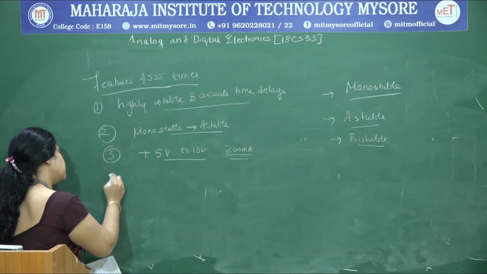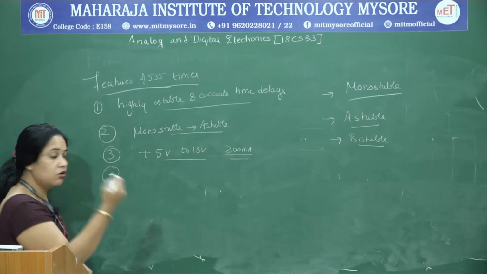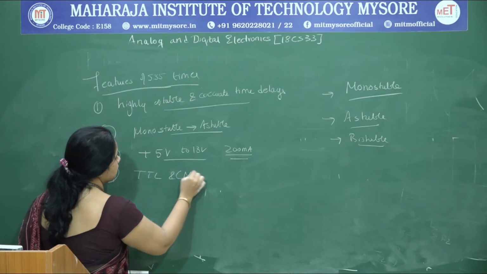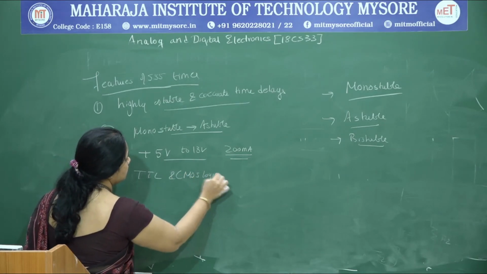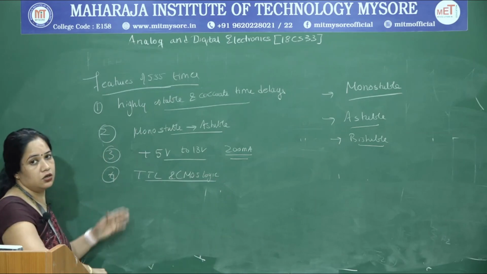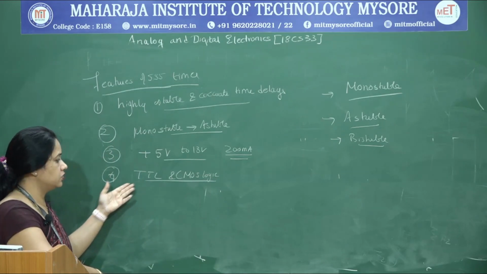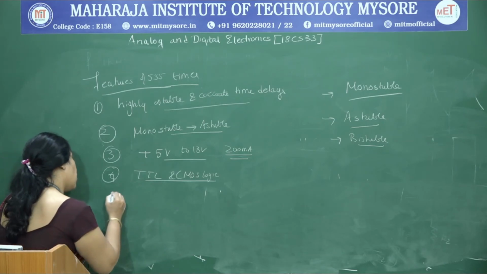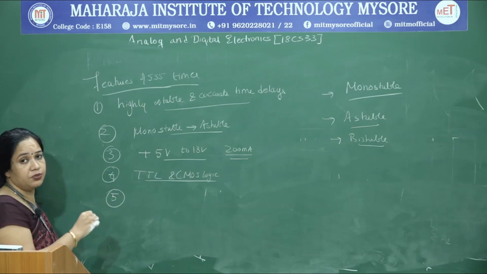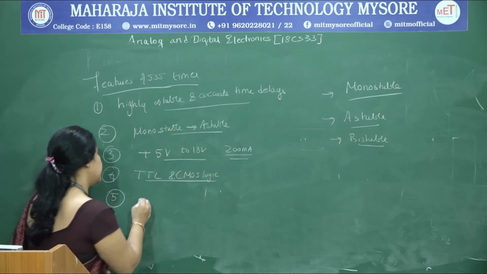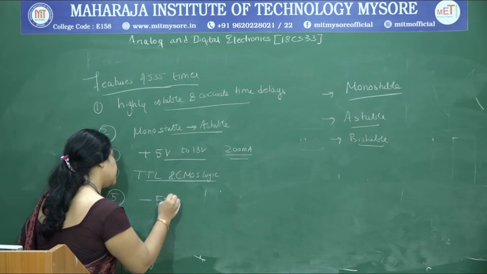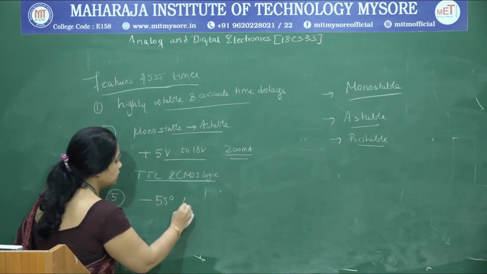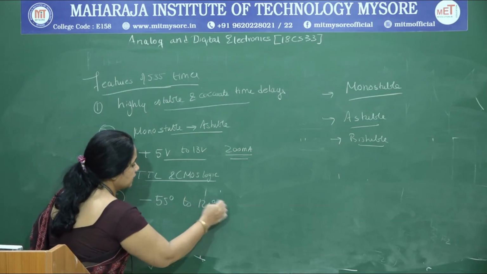The fourth feature is it is compatible with both TTL and CMOS logic. And the fifth one is it offers very high temperature stability, and is suitable to be operated in the temperature range from minus 55 degrees to 120 degrees centigrade.